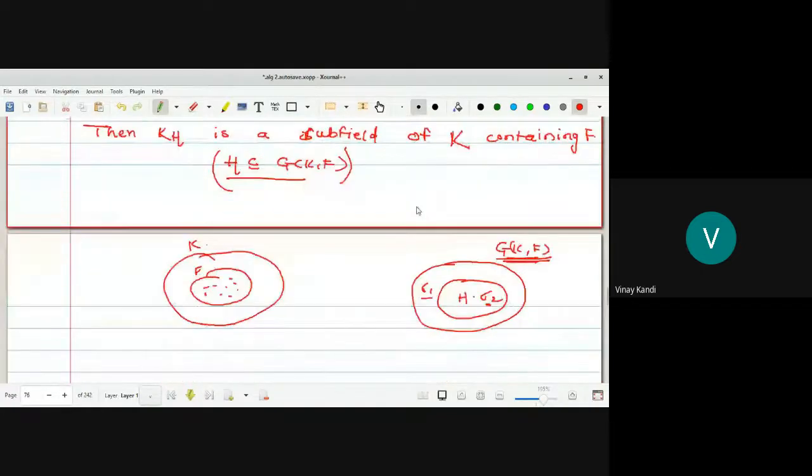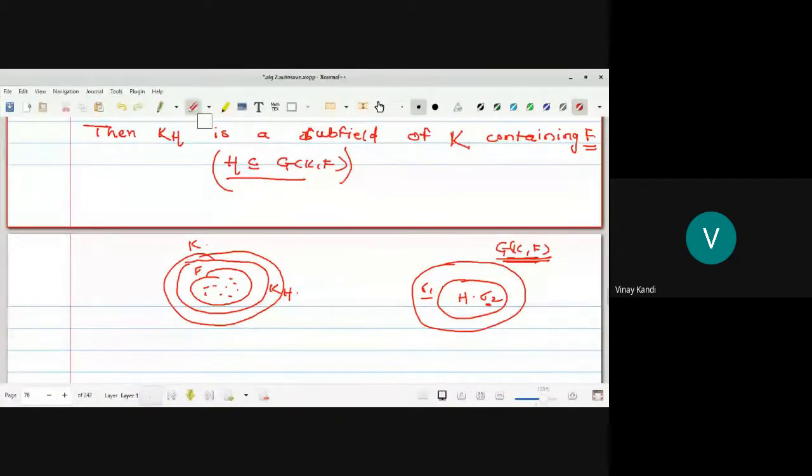So now the fixed field of this H must be bigger than what? F. Is it correct? So here KH always contains F. So KH is the subfield of K containing F.